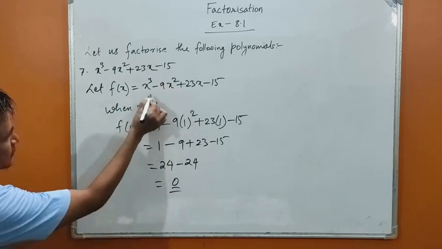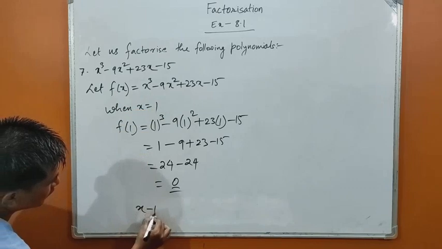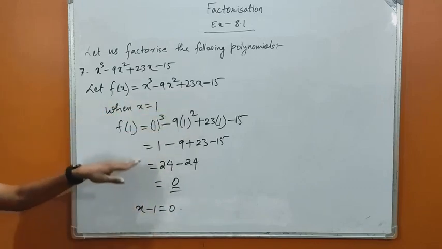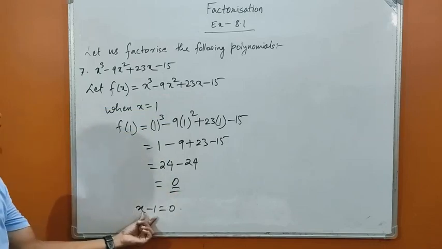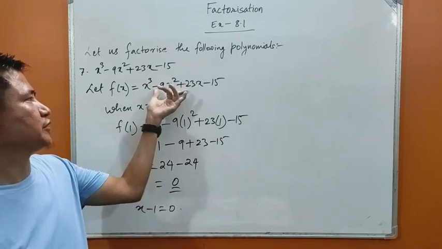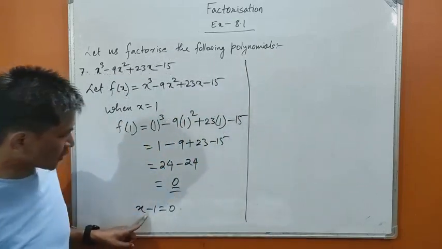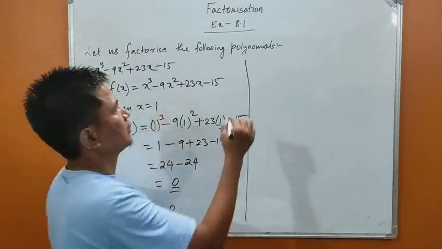So let us take this 1 to the left hand side. x minus 1 equals 0. So when this expression is divided by x minus 1, the remainder f(1) becomes 0. That means x minus 1 is a factor of this expression.